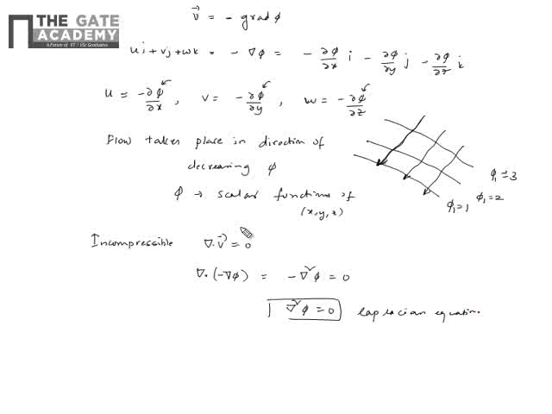If you happen to find a phi that satisfies the Laplace equation, the minimum requirement is that the flow is incompressible.